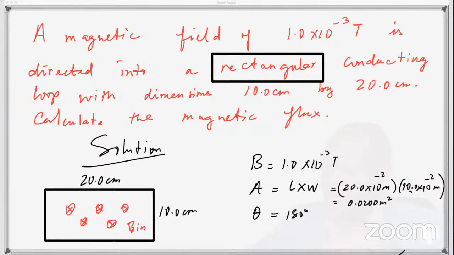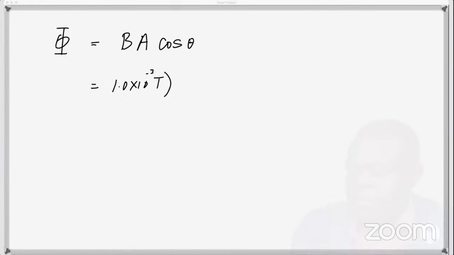So now that we have this, we can proceed to plugging this into the actual equation. Phi equals B times A times the cosine of the angle. So B is 1 times 10 to the minus 3 Tesla.